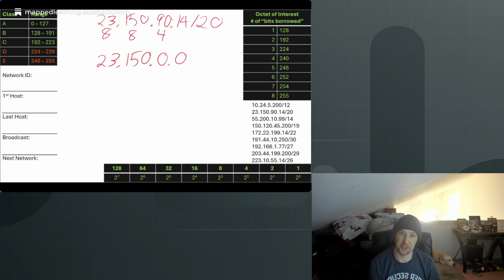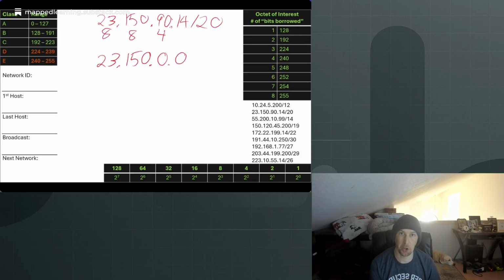So this is the first network in this whole subnetted network, 23.150.0.0, okay? Because the third octet is the octet of interest. Now, we take the magic number and we add it to the octet of interest.